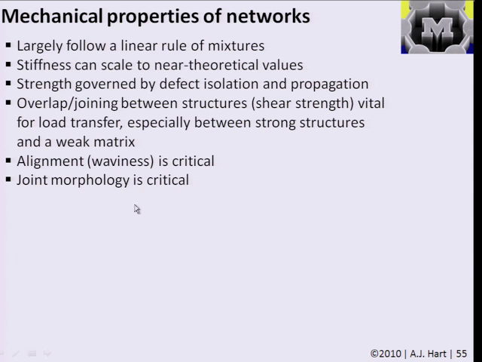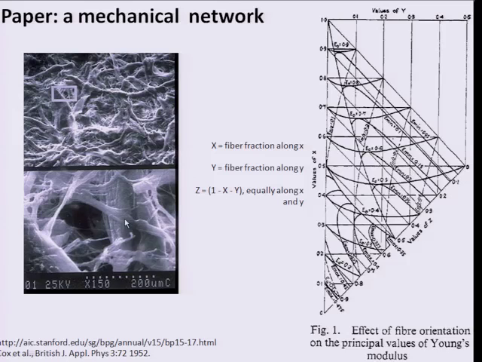And for a long time, there have been studies of mechanical networks. For example, paper is a mechanical network and a nanofibrous network because it contains essentially natural biological filaments derived from wood pulp that create a tangled material that can transmit load. You can hold quite a lot of load on a piece of paper. And the mechanical characteristics of papers have been studied for a really long time.